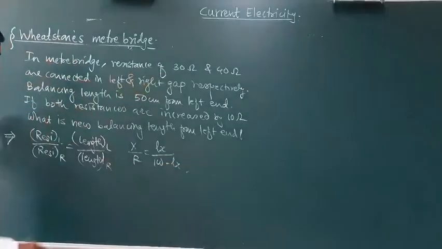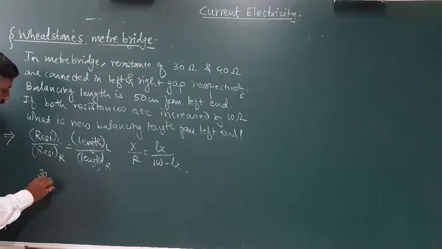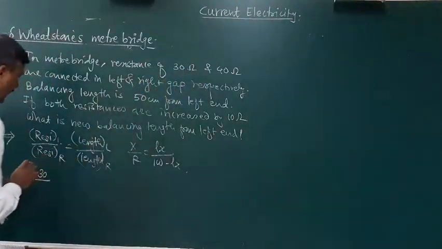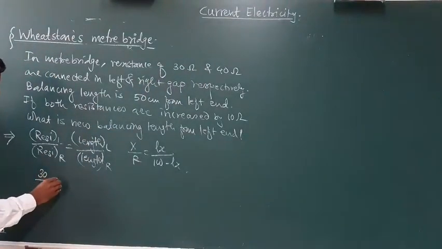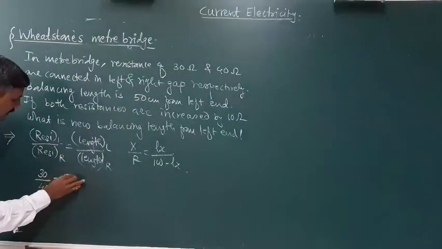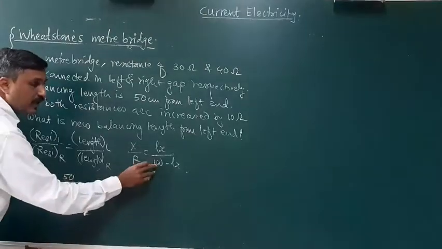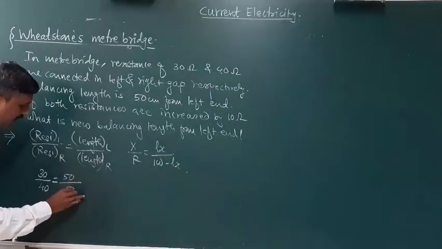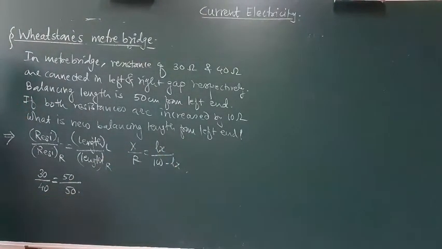The left resistance is 30 ohm, the right resistance is 40 ohm, the left side length is 50 centimeter, and the remaining is 100 minus 50, which is 50. Are you getting this part? So 3 by 4 equals 1:1 as it is.